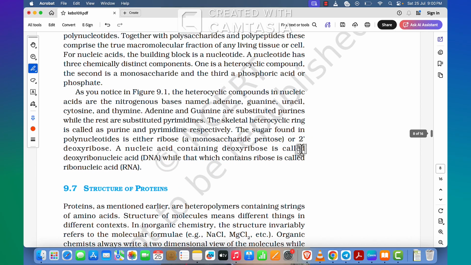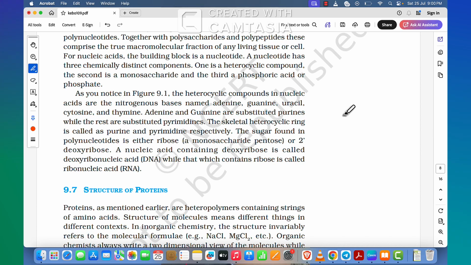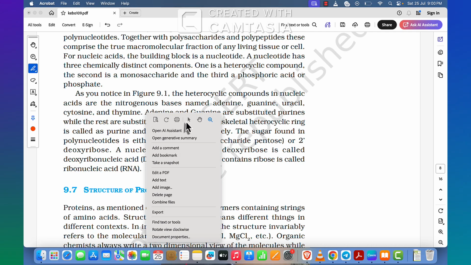As you can notice in figure 9.1, the heterocyclic compounds in nucleic acids are the nitrogen bases named adenine, guanine, uracil, cytosine, and thymine. Adenine and guanine are substituted purines, but the rest are substituted pyrimidines. This is important.